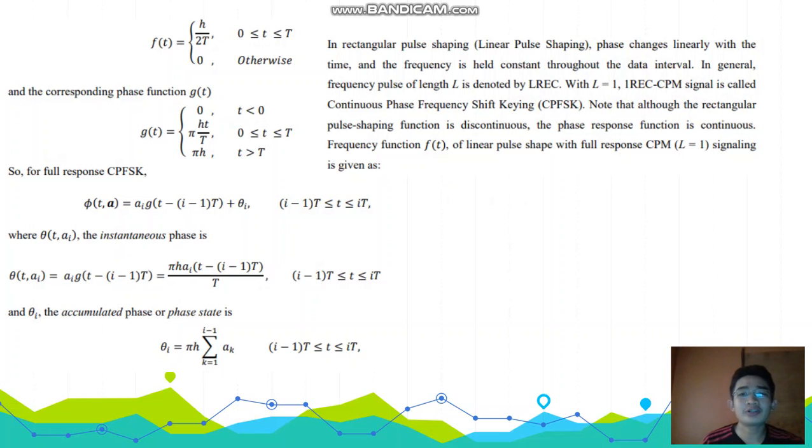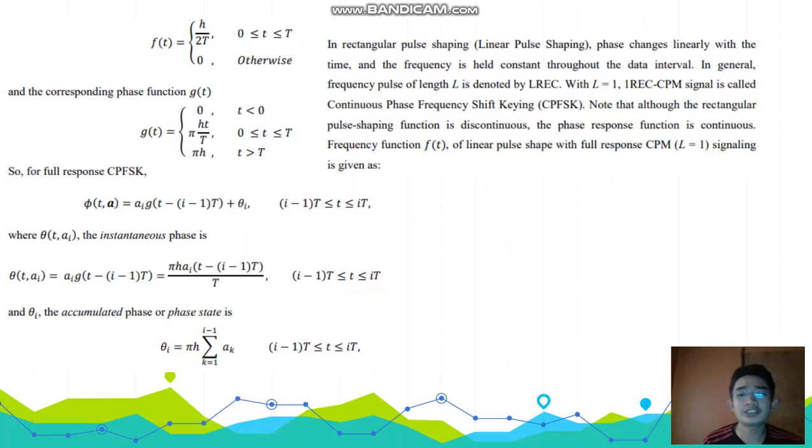In a rectangular pulse shaping, phase changes linearly with time and the frequency is held constant throughout the data interval. In general, frequency pulse of length L is denoted by LREC, with L equal to 1. 1REC CPM signal is called continuous phase frequency shift keying. Note that although the rectangular pulse shaping function is discontinuous, the phase response function is continuous.